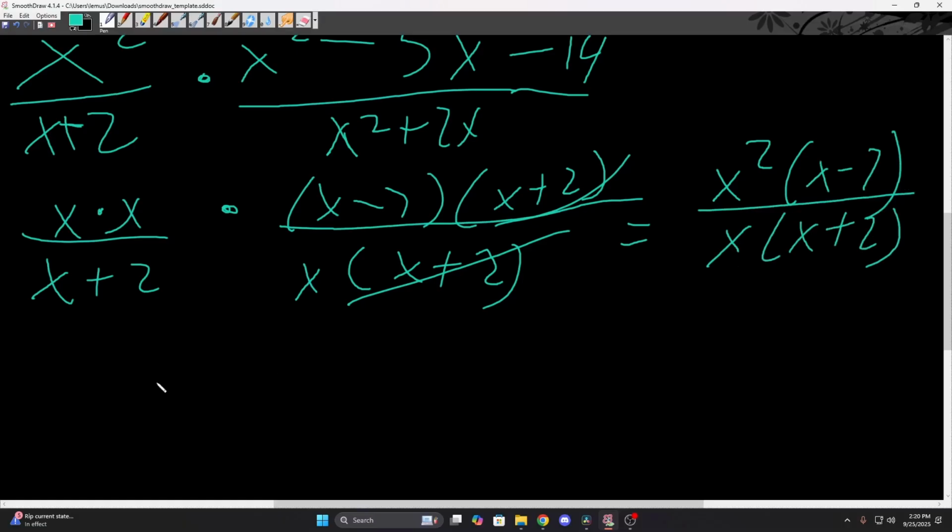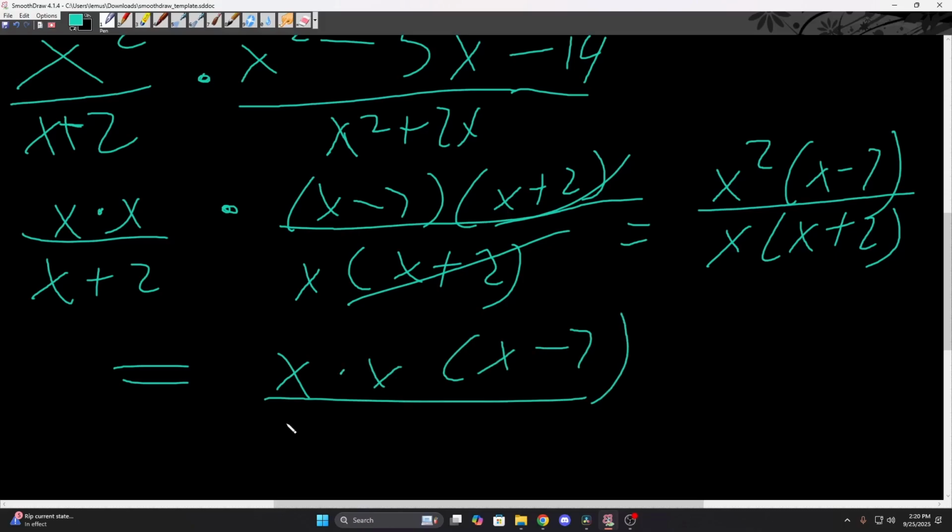You want to factor that out completely, so that would be x times x minus 7, and then x, and then these two cancel out, so you would get x times x minus 7. Let me just circle the right one on my paper. I was rushing.